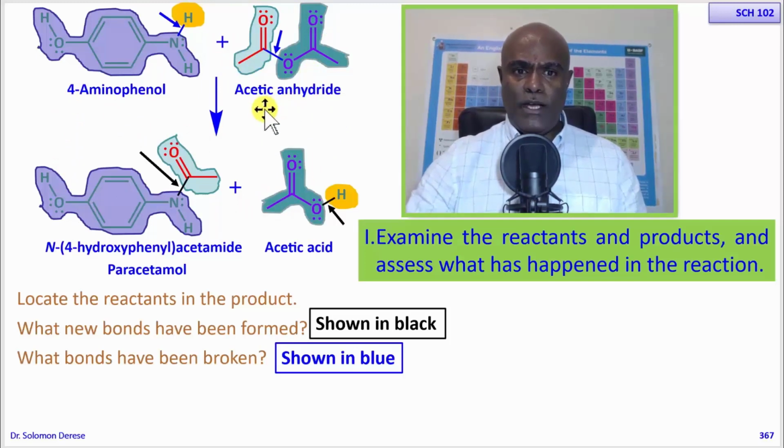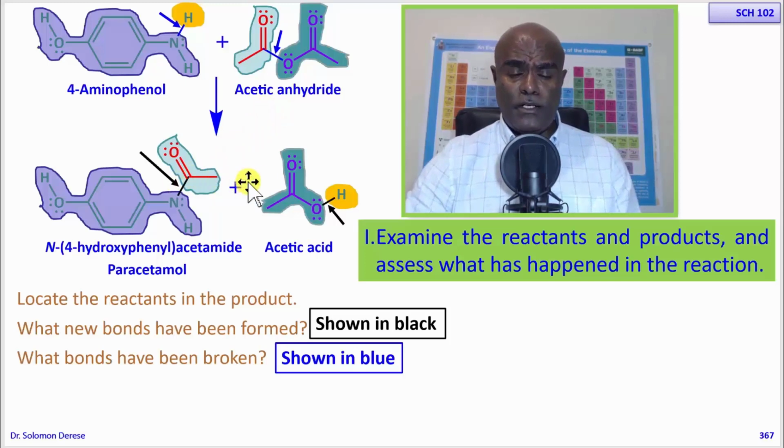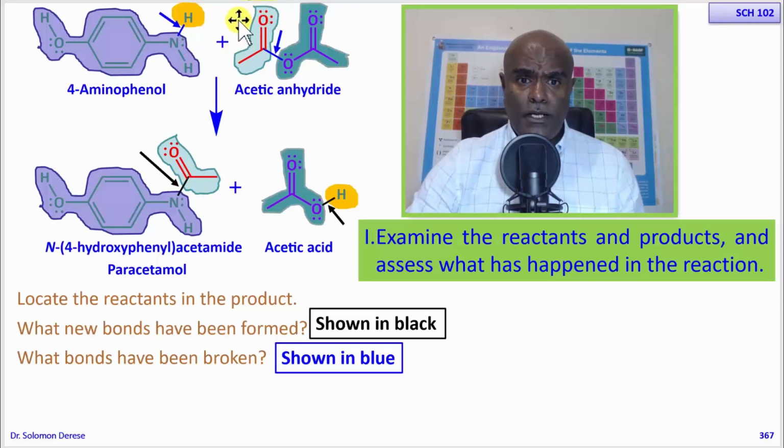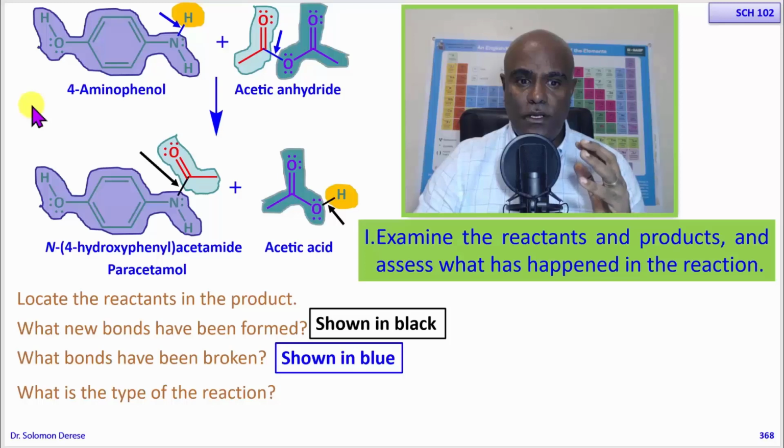As you can see, when this product is formed, this part of the acetic anhydride substituted this hydrogen of 4-aminophenol, while this part of acetic anhydride substituted this part of the 4-aminophenol. So as a result, this reaction is a substitution reaction.